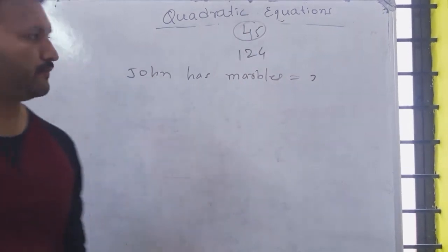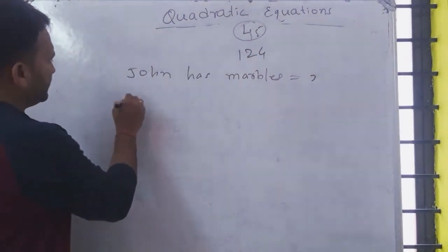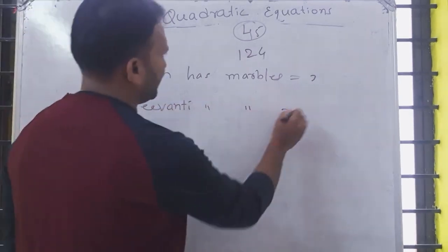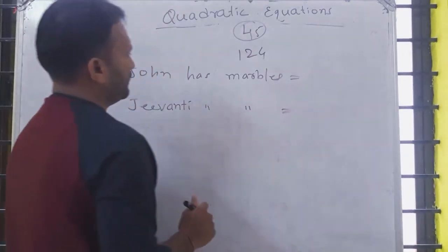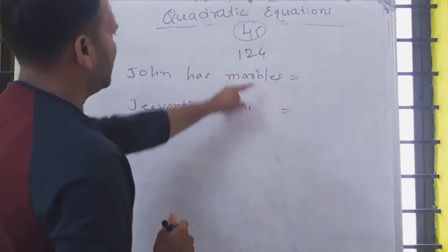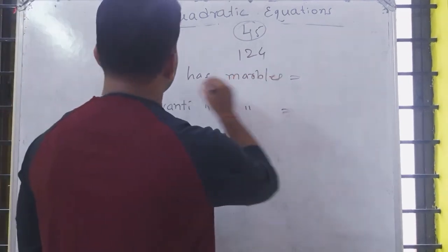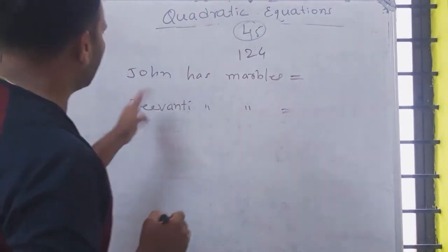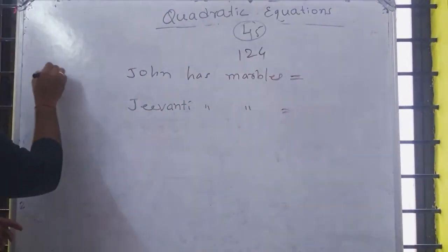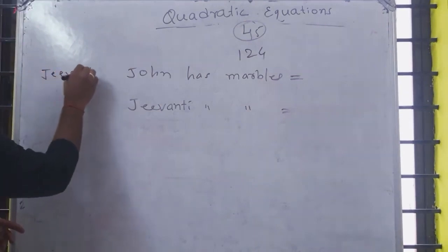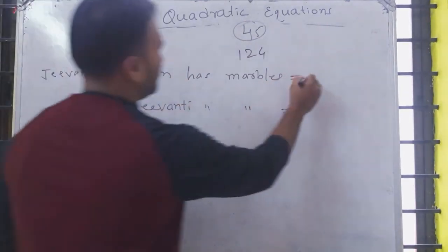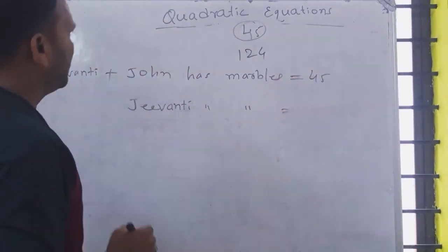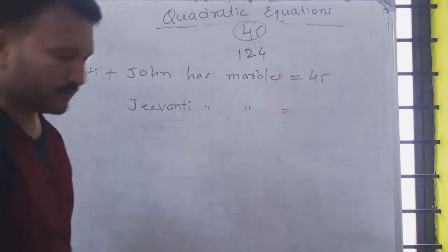Jivanti has some marbles, so Jivanti plus John, both of them have 45.